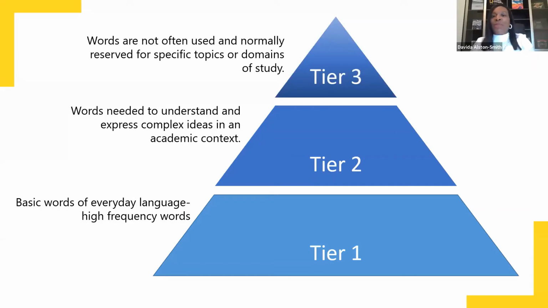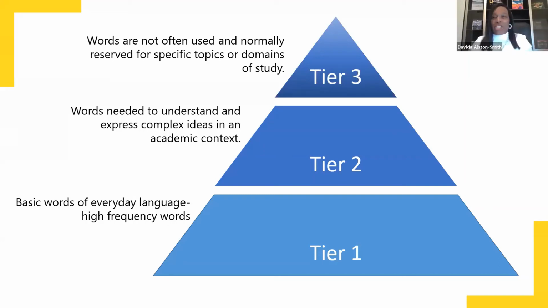This is where we spend our time, that explicit teaching I was just talking about, within tier two. These are words needed to understand and express complex ideas in an academic context. These are the words that we're going to glean meaning from when we're reading, when we're writing, in math, okay? The vocabulary that's in math, the vocabulary that's in science, or different texts that we're reading.